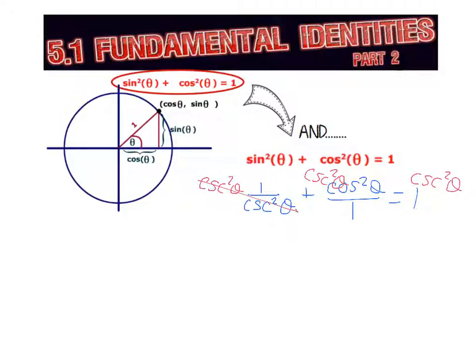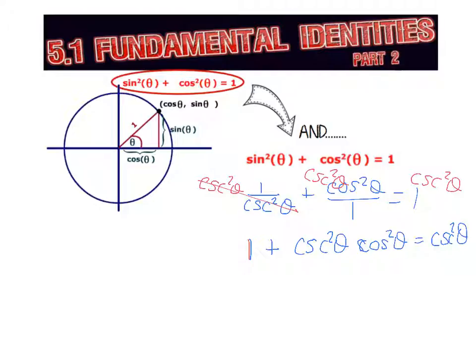Here it's going to cancel, and I'm just going to have a 1 plus, this one's going to be a cosecant squared times a cosine squared. And it's going to equal cosecant squared theta.